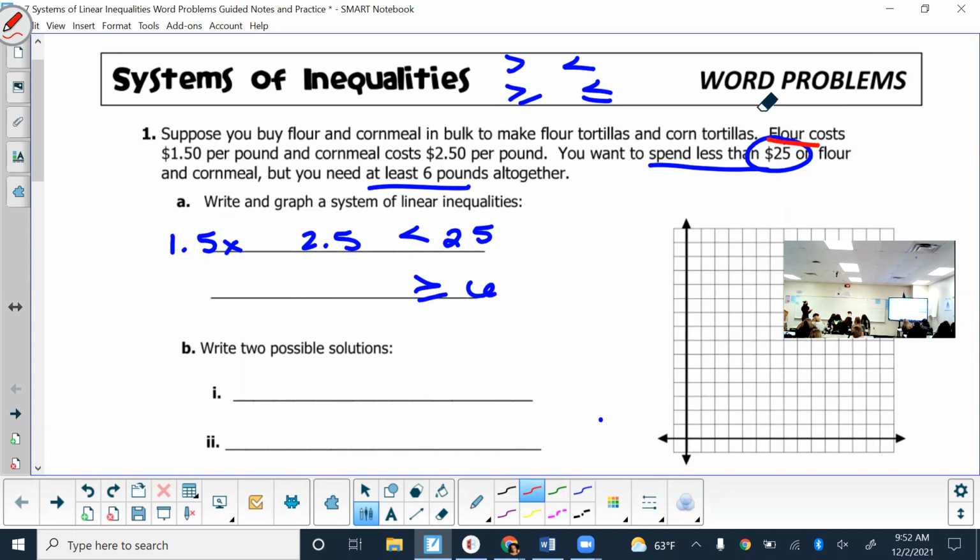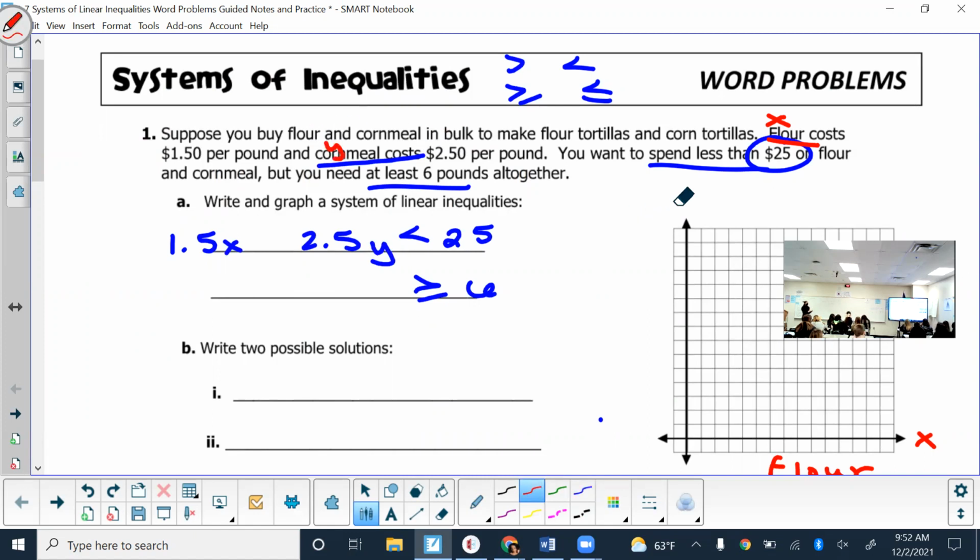So if we're saying that flour is X, make sure you label it that way. So when we graph it over here, the flour will go on the X-axis. Make sense? What will be the Y? The cornmeal.